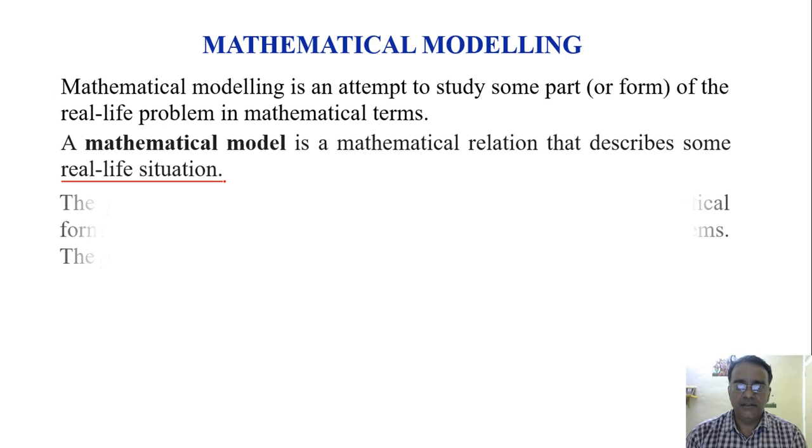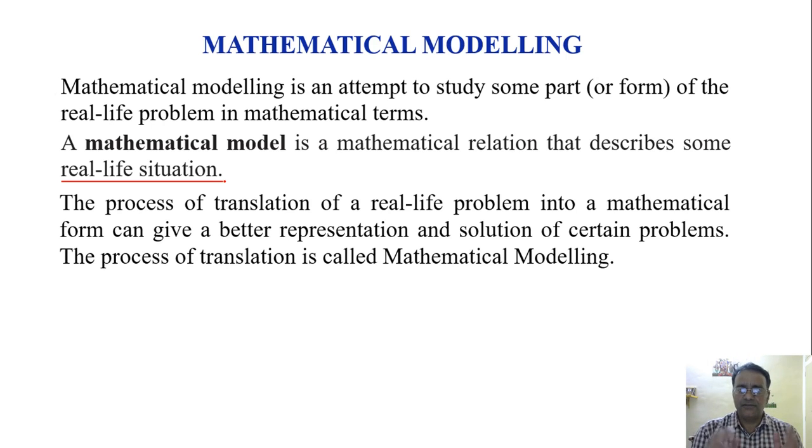The process of translation of real life problems into mathematical form can give a better representation and solution of certain problems. The process of translation is called mathematical modeling. In mathematical modeling, we take a real world problem and write an equivalent mathematical problem.